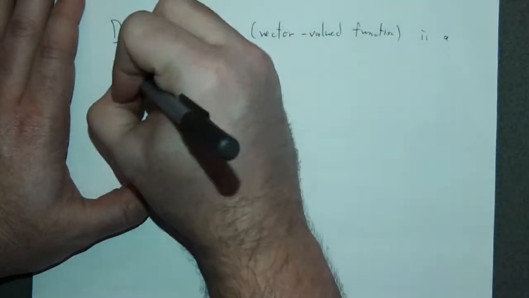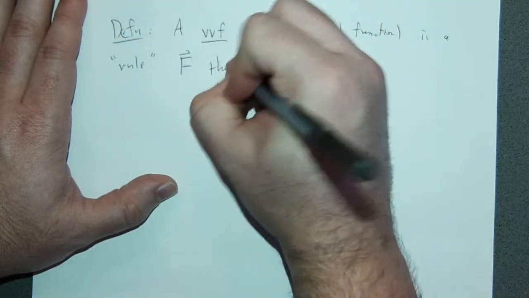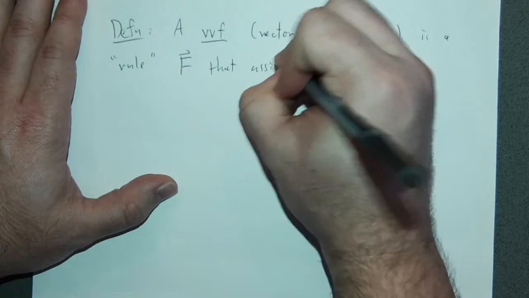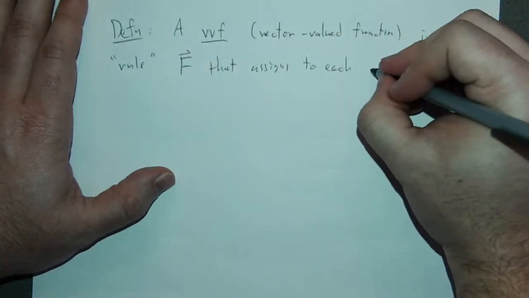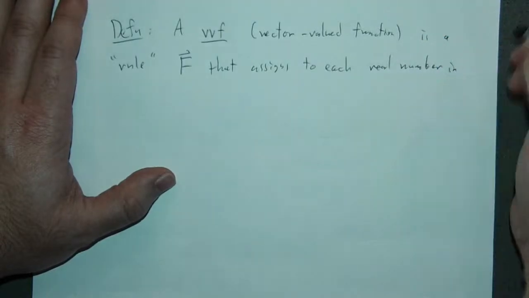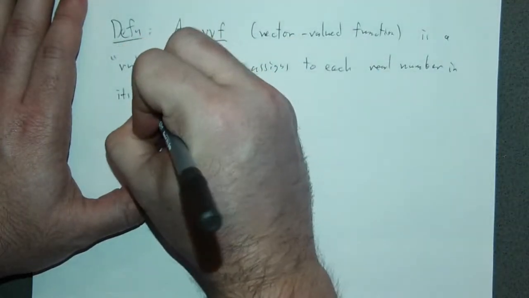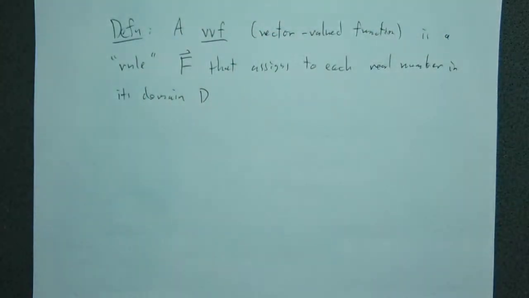is a rule F that assigns to each real number in its domain, that we'll call D, right?